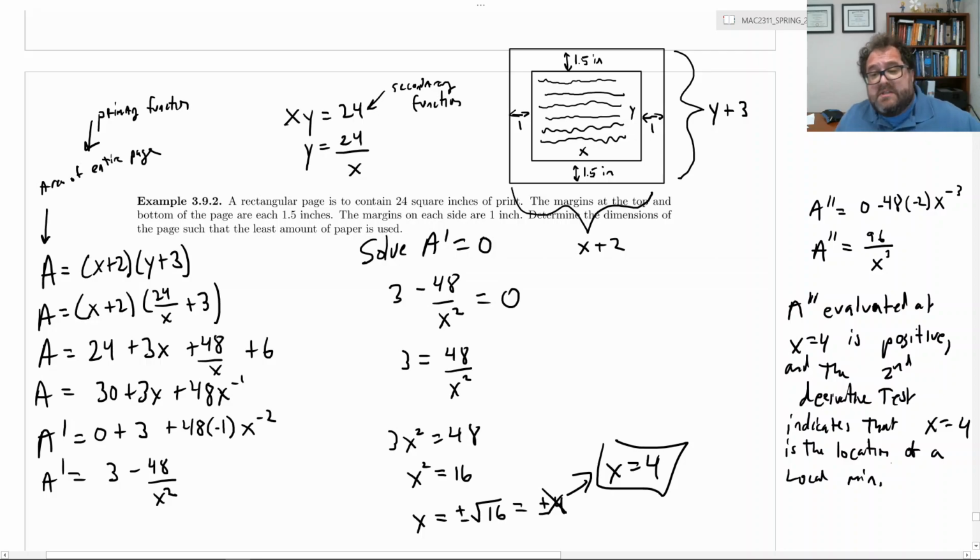Okay? So we have found an optimal value, a value that minimizes this function.